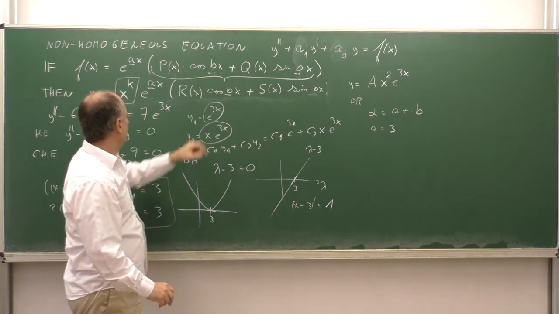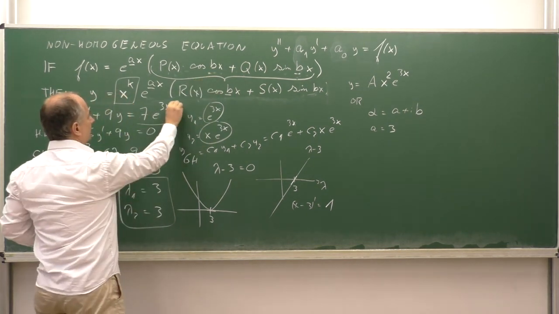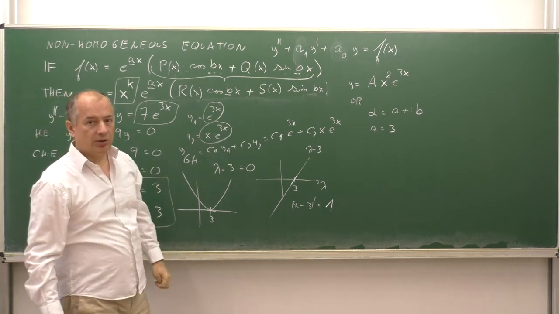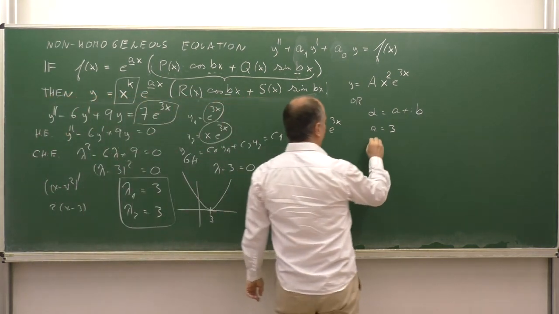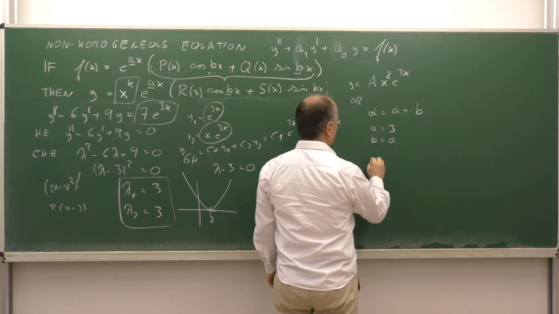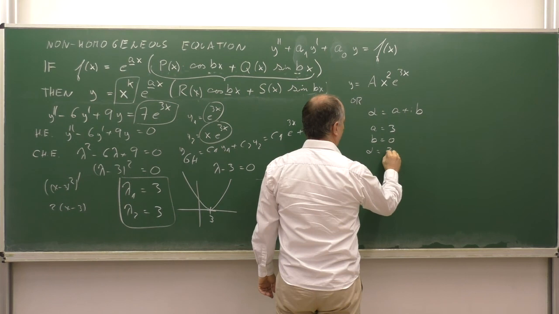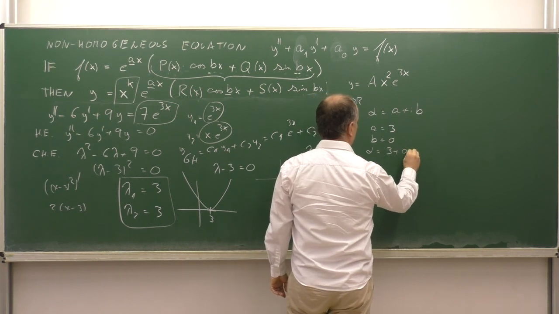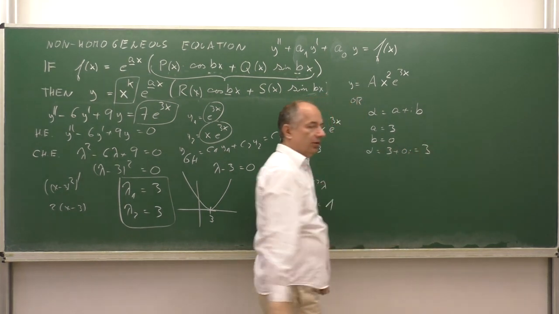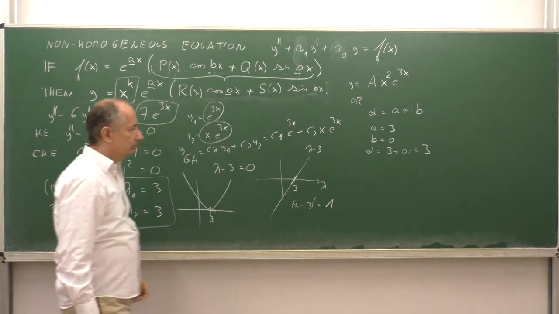If there is no sine and cosine here, then b is 0. Then alpha is 3 plus 0i, which is just a real value 3.